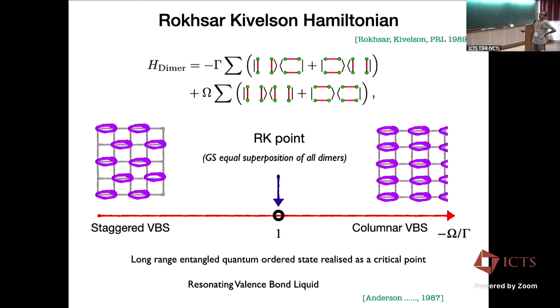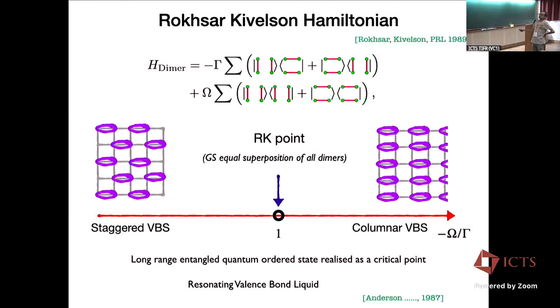So when omega, this potential term, is positive, we get a staggered phase where each plaquette contains 1 dimer. Whereas if the potential term is negative, then every plaquette contains 2 dimers, and these are various kinds of crystalline phases of dimers.